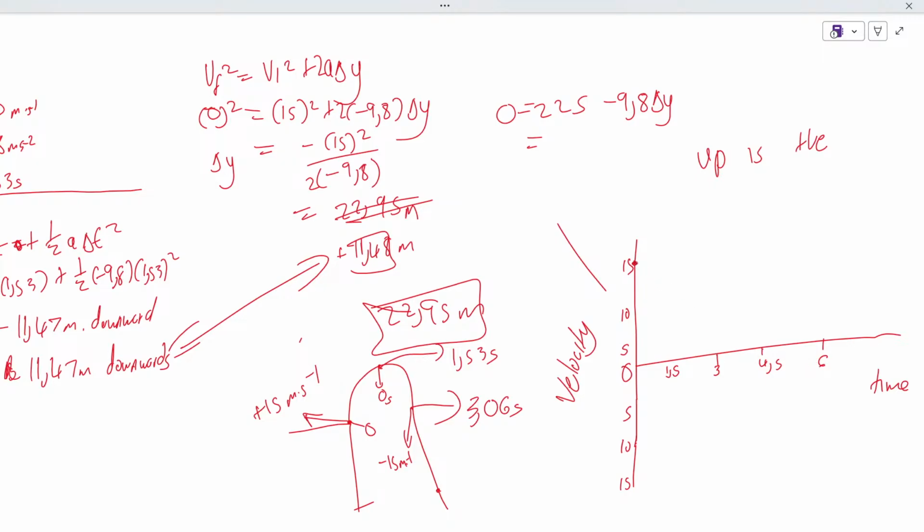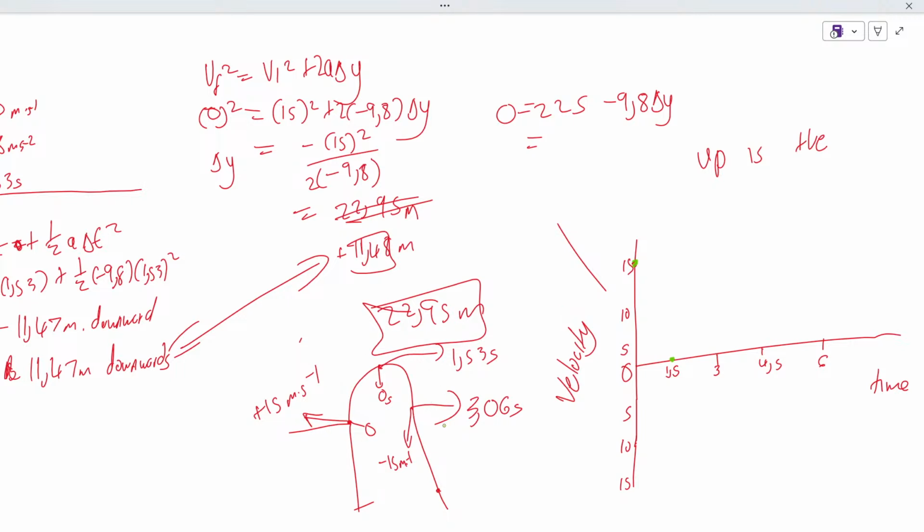We have a point here at 0 time and 15 velocity, and the next point, in a different color, is 0 velocity at 1,53 seconds. So it's just in front here. That's how you plot it.